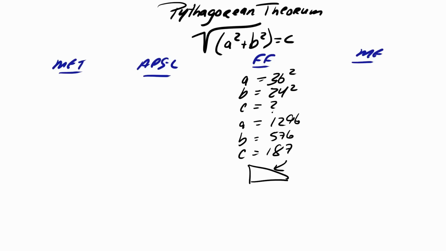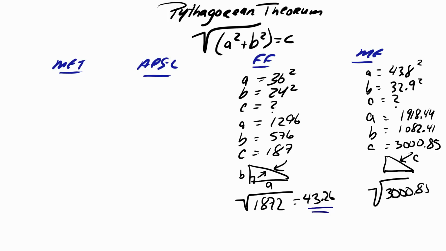You can always remember too, if you have a right angle, the exact opposite to the right angle is that hypotenuse. That's what we're looking for. So if we take the square root of 1872, that would equal 43.26. That is our magic number. That is what we're going to use to be able to find all of the information that we need. Now, let's do the exact same thing for the GFX or the medium format.